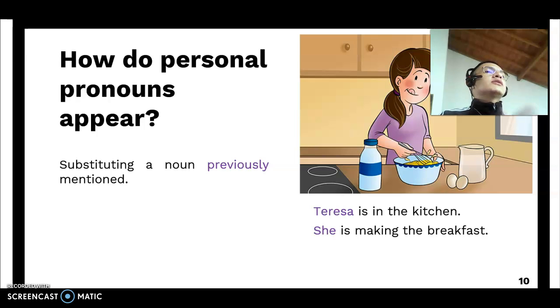And as I told you before, it's used to substitute a noun that we already said previously. For example, Teresa is in the kitchen and she is making the breakfast. We don't need to say Teresa is in the kitchen and Teresa is making the breakfast, because it could be a little bit redundant.